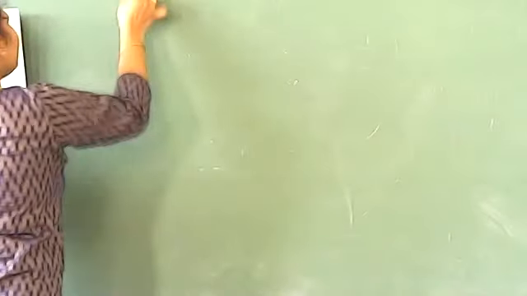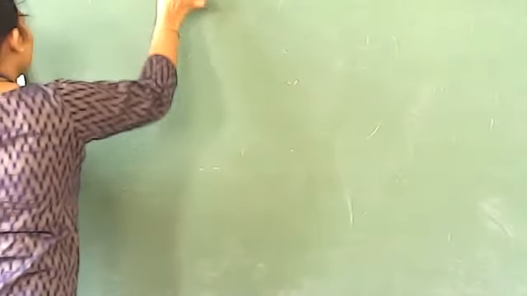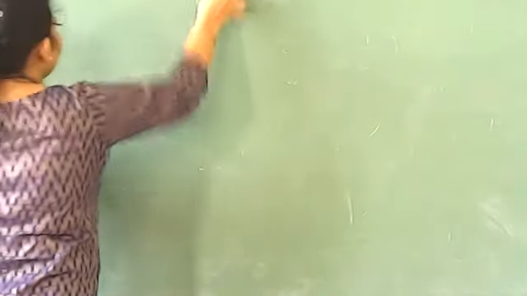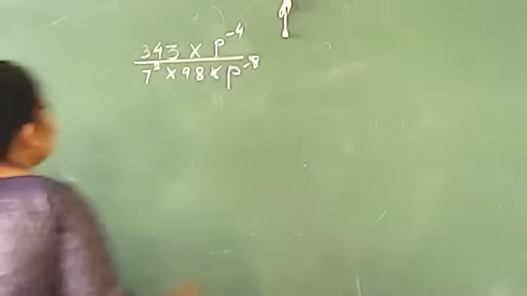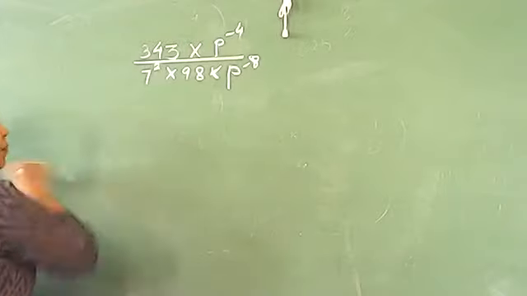The question is 343 multiplied by p to the power minus 4 upon 7 to the power 2 multiplied by 98 multiplied by p to the power minus 8. Now, as we all know, when we have negative power, we can make the power positive by taking the reciprocal.